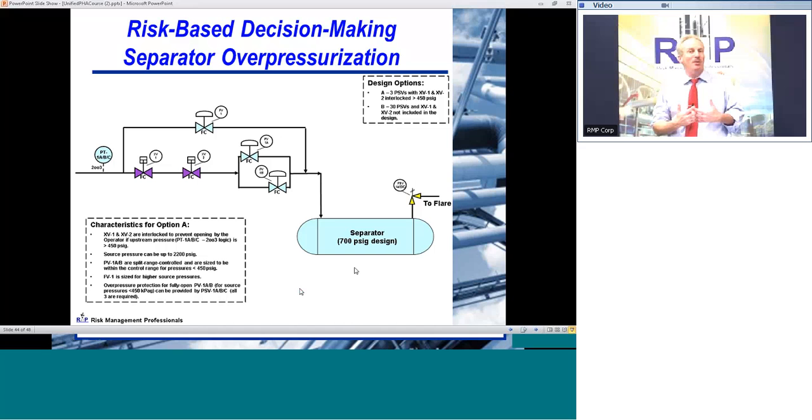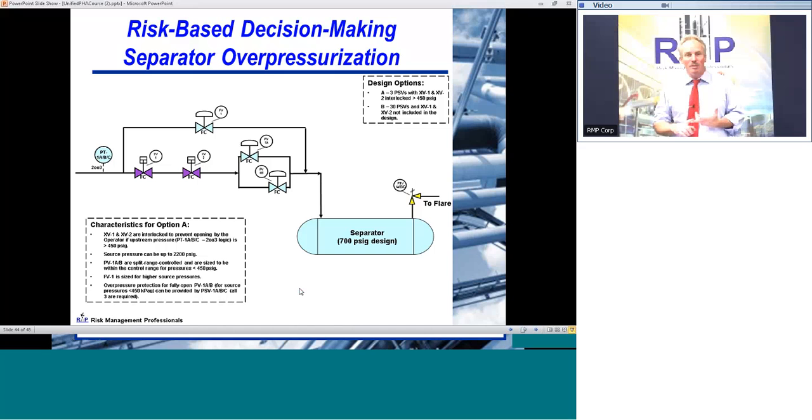You can use the HAZOP to lay out the scenario and look at the two design options: one being a large number of passive devices, such as PSVs, that require maintenance and may be untenable with respect to the design itself and operation, versus having an active safety feature upstream and fewer PSVs. Laying those out in a HAZOP scenario, and then the selective application of LOPA, can help you resolve the best design option from a safety and cost perspective.